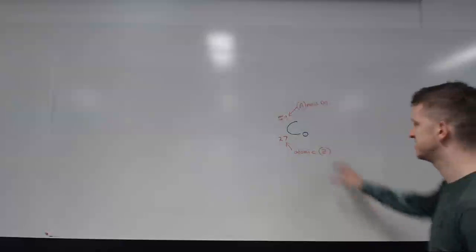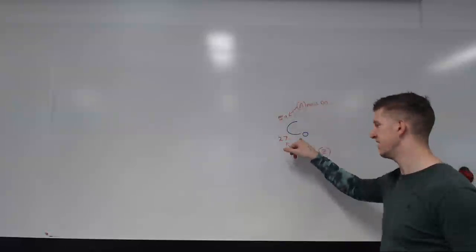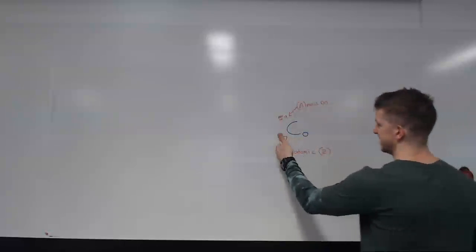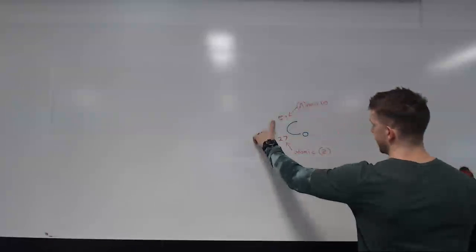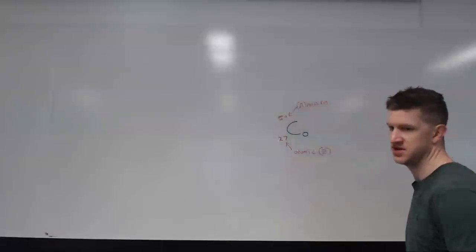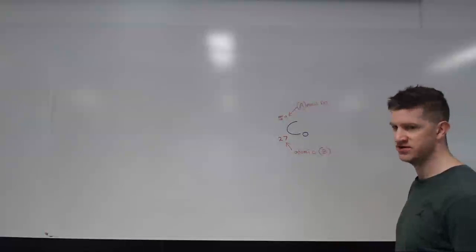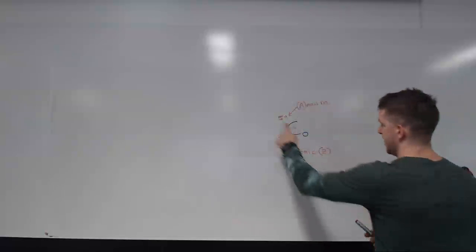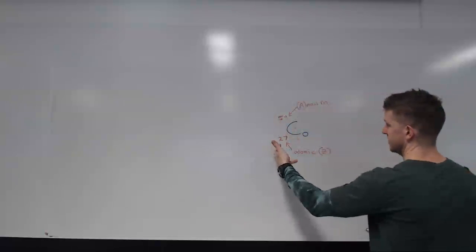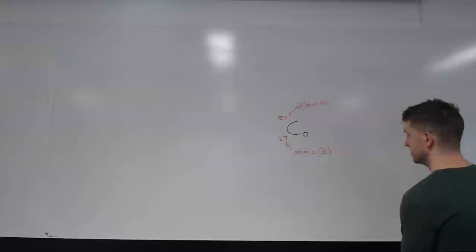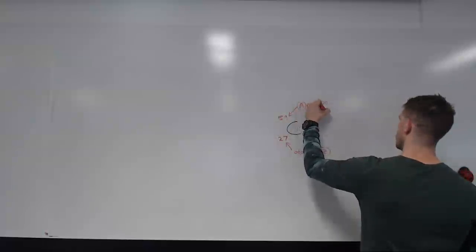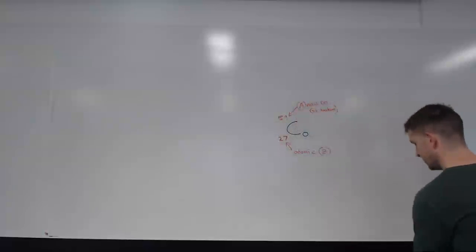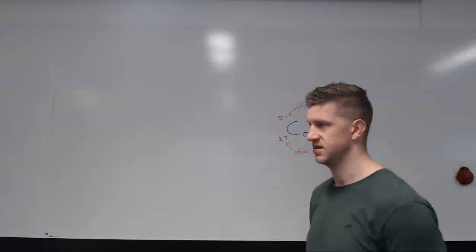So if we were given this, we don't even need to know what it is necessarily, but straight away we can say, whatever this is, it has 27 protons, and it has 59 as its mass number. So if I add its protons and its neutrons, there's virtually 59 of them. So I can work that out. If there's 59 protons plus neutrons and 27 protons, that means this actually has 32 neutrons. So I can calculate how many neutrons the thing has.